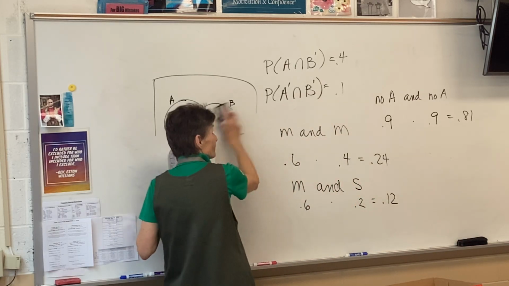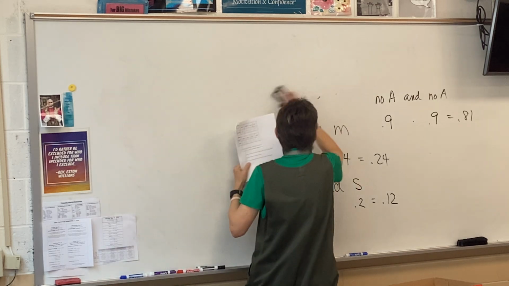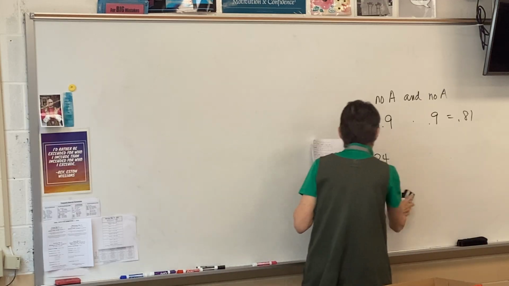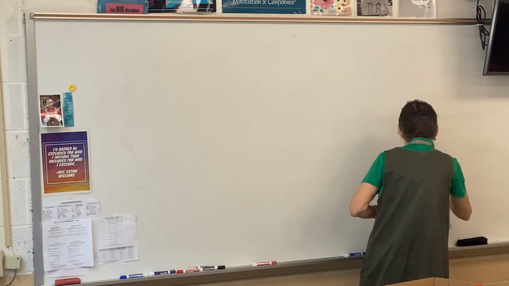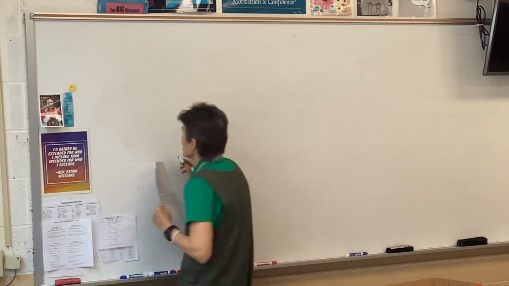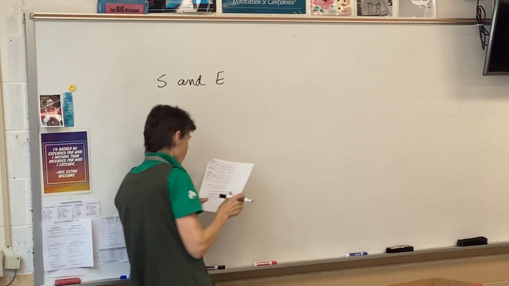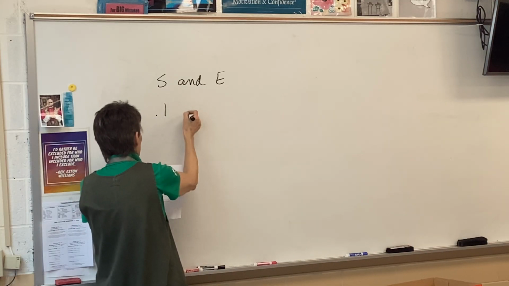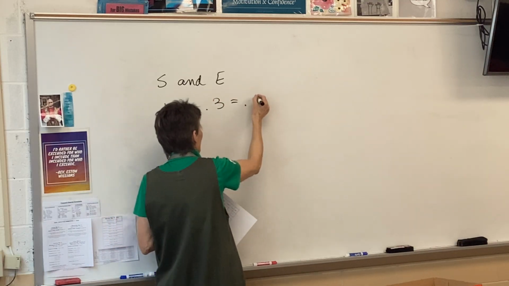Last one. What is the probability that I got one liking science and the other liking English? So science and English. What's that look like? 0.1 times 0.3. So that will be 0.03.